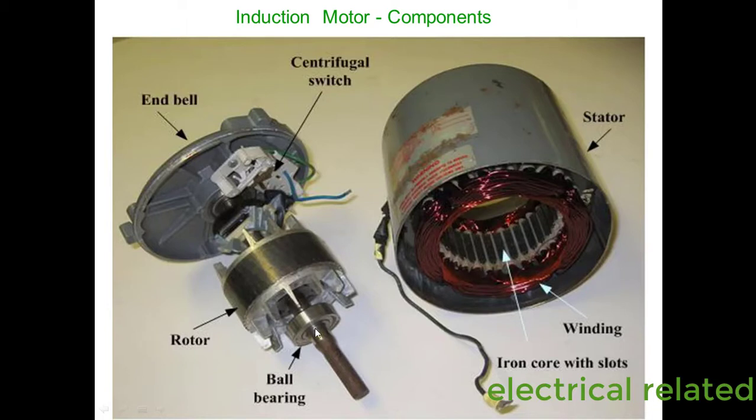Here is the ball bearing. Basically, we place the ball bearing here for smooth running of the motor. Here is a centrifugal switch. Basically, the purpose of the centrifugal switch is to activate or deactivate the rotor.